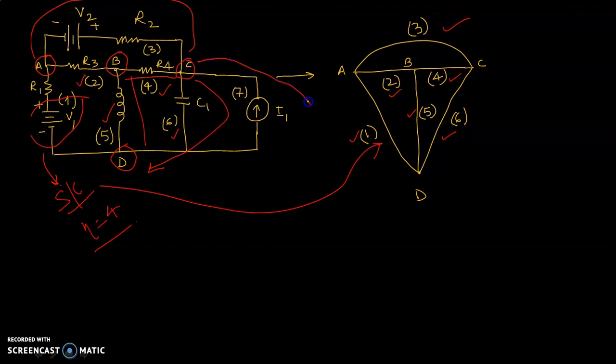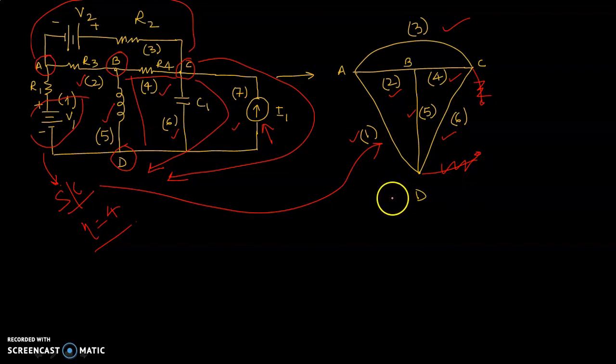From C to D, the other path, 7, is your current source. Whenever a current source is there, it is drawn in the graph but shown as an open circuit. Since an open circuit is redundant to show in the graph, it is not shown ultimately in the graph.